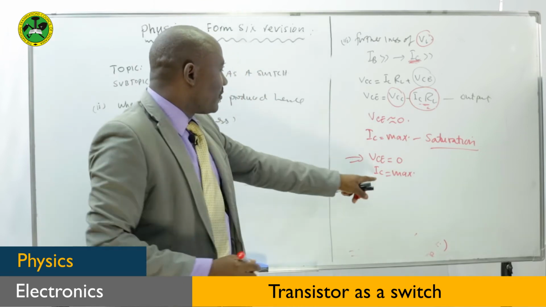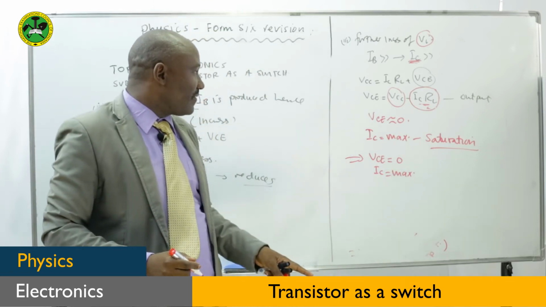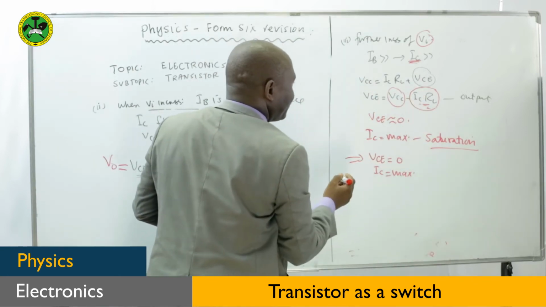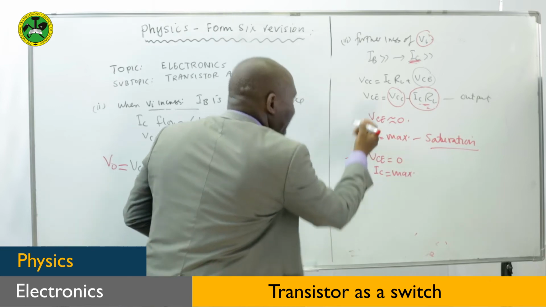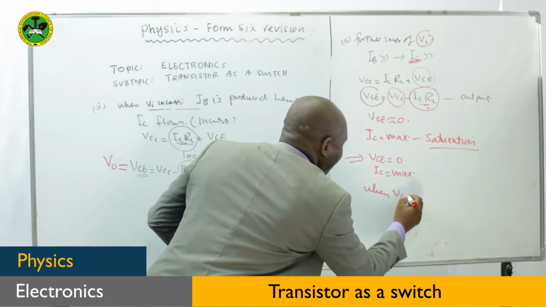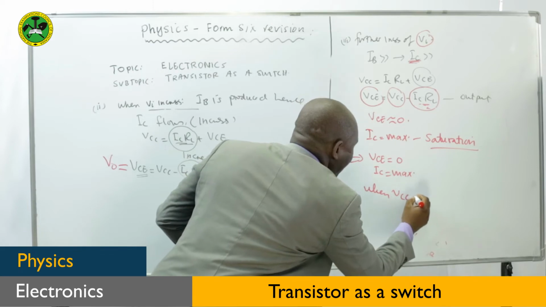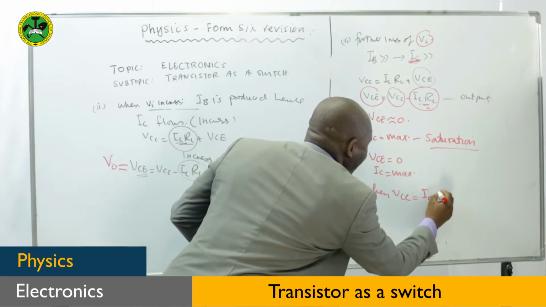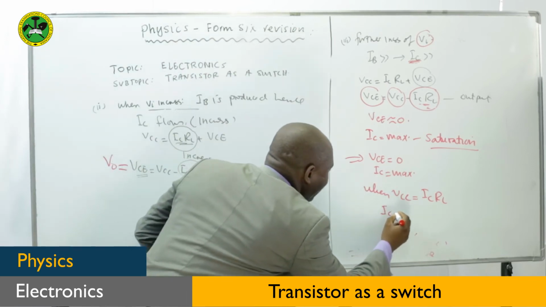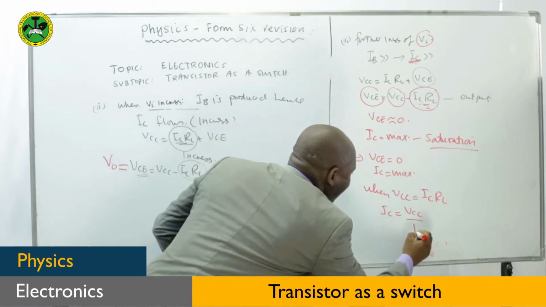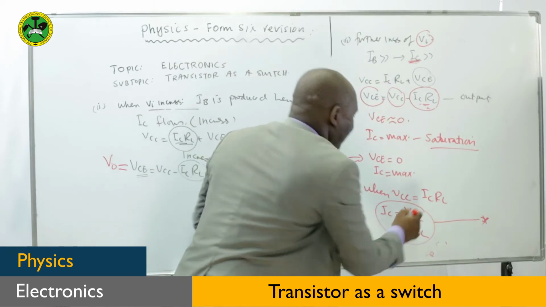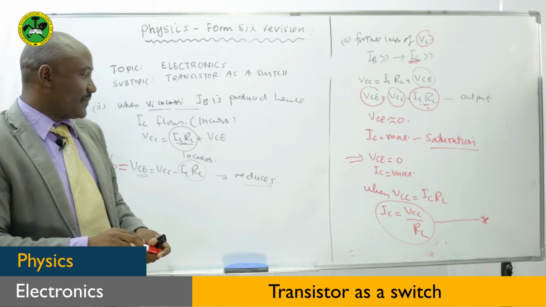Now, if you are told to find the maximum current, how do you find it? We say VCE is 0, so VCC equals IC times RL. So you can find the maximum current from the supply voltage over RL. This is the formula used to find the maximum current.